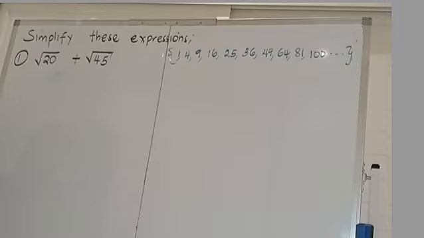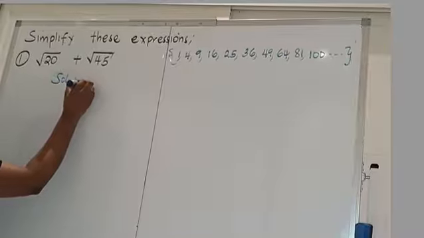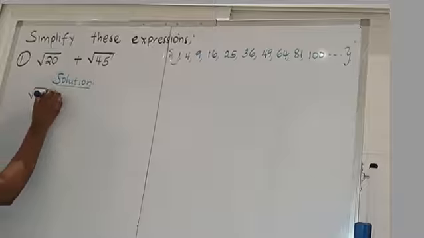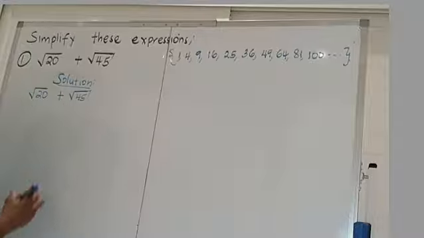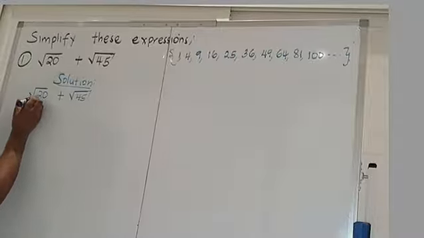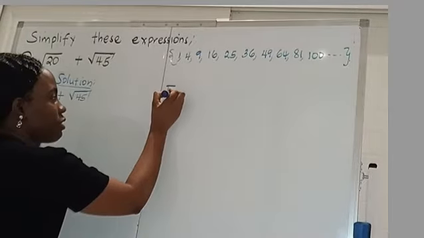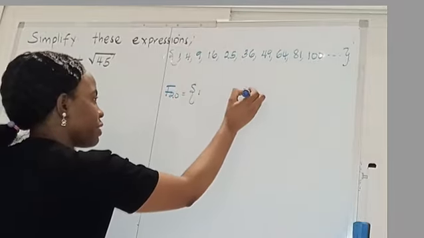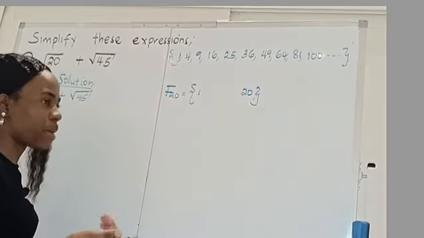Now we are going to simplify this by first writing the expression again. I have root 20 plus root 45. Now what are the factors of 20? Factors of 20 are 1 times 20, you get 20, but 20 is not a perfect square.